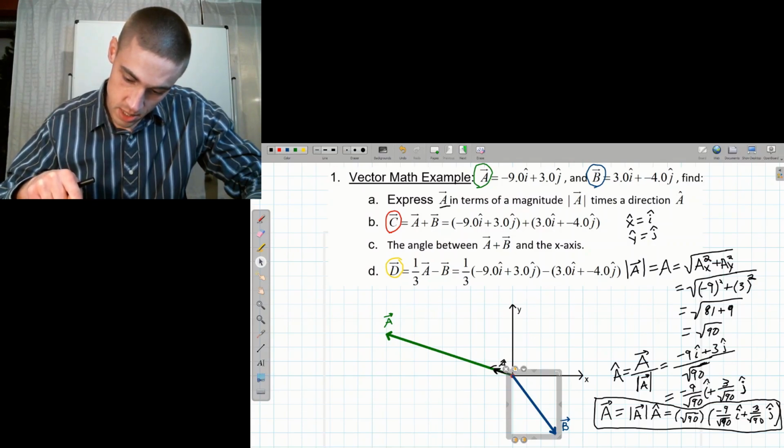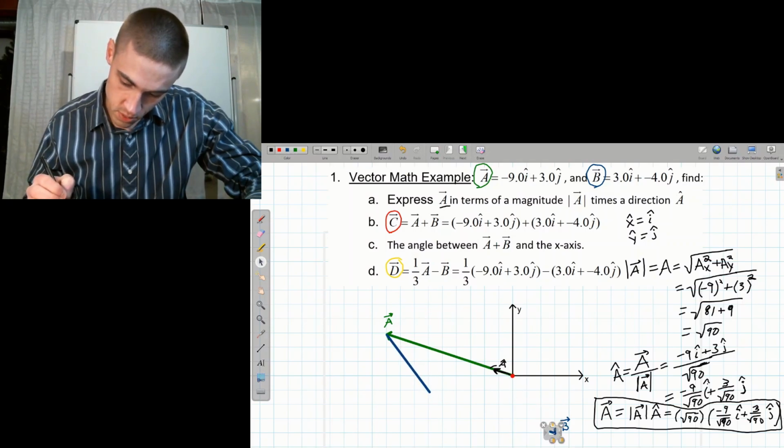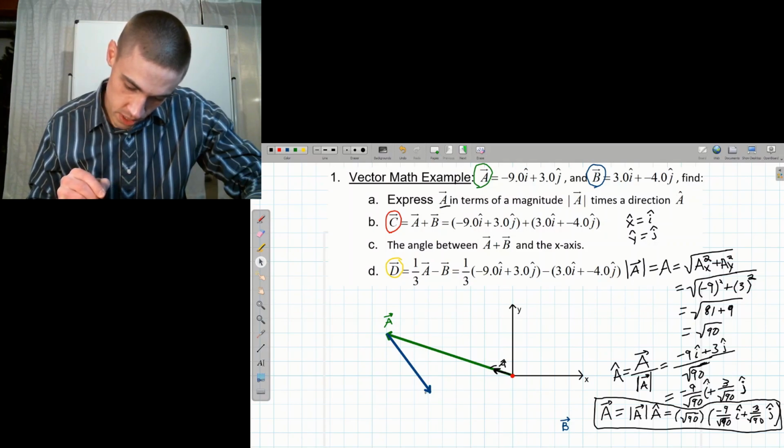I could take B and pick it up and move it. If I were to do that, I've gone along A, and I've summed along B as well.